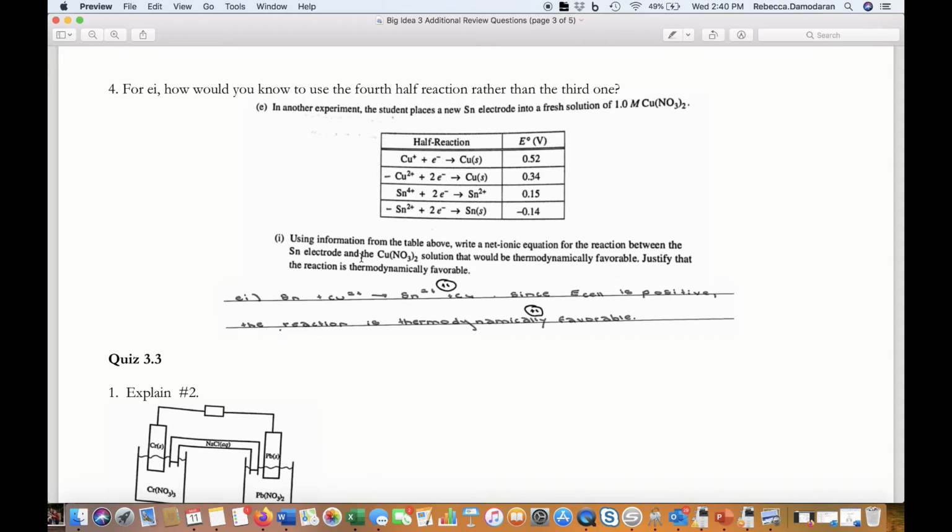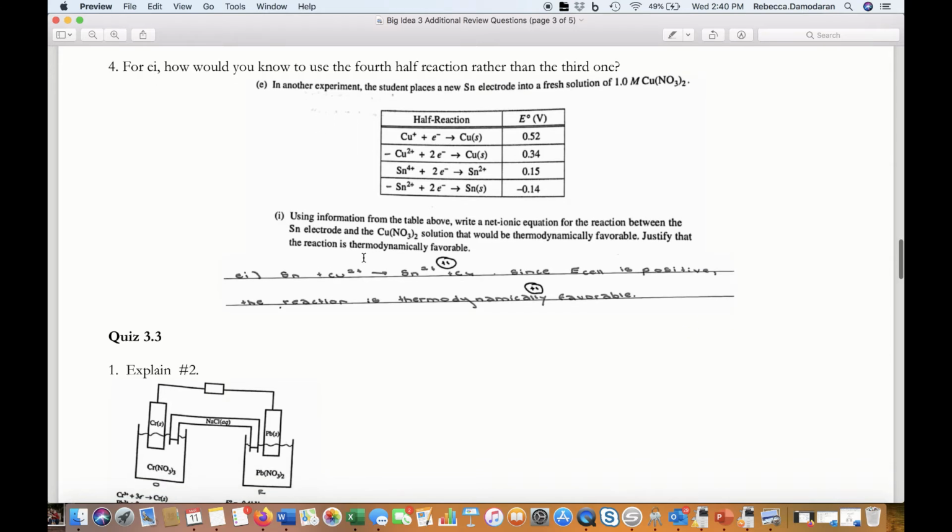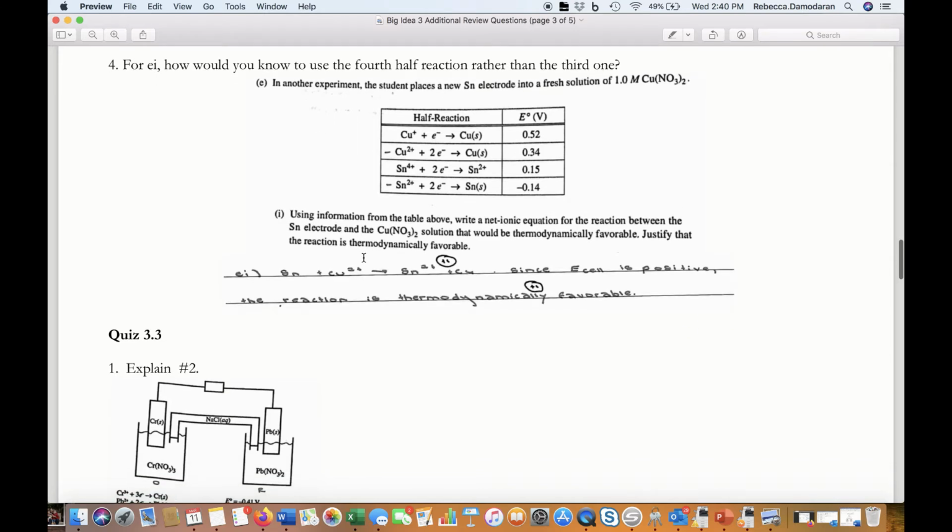Okay, for EI here, how would you know to use the 4th half reaction rather than the 3rd? So for this question, it says, using the information from the table above, write a net ionic equation. So we're reacting the tin electrode, so it's got to be solid tin, with copper ions, copper 2+. So your 2 reactants, and this is an issue that keeps coming up over and over again. How do you know what your reactants are? Read the question carefully.